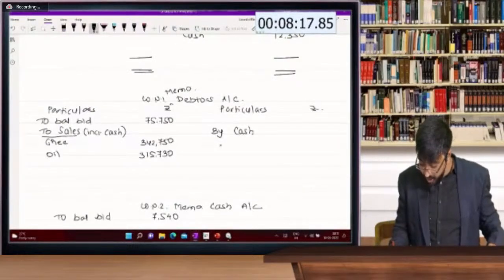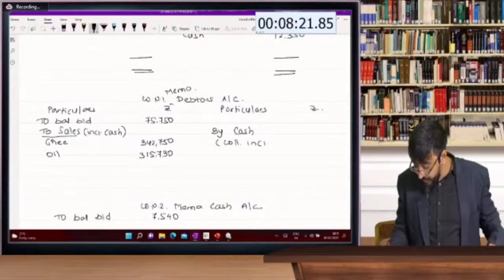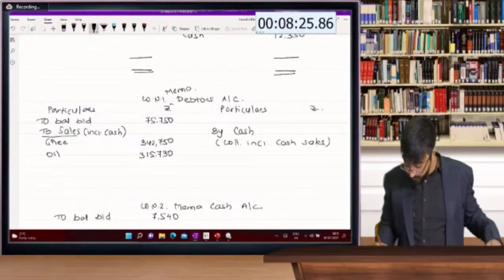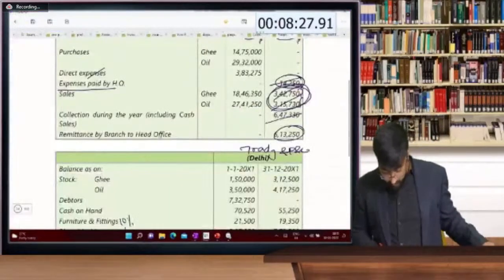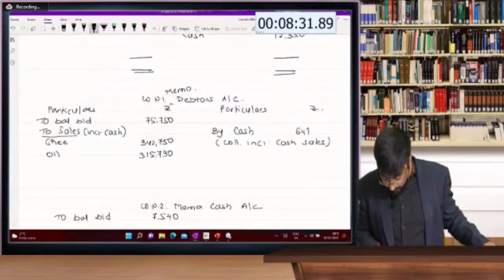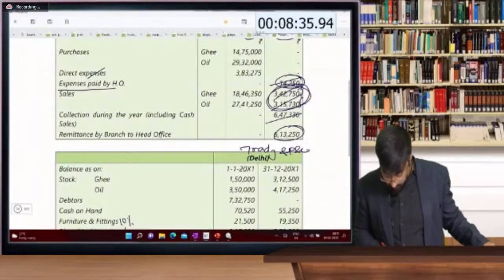By cash collection including cash sales, 647,330.